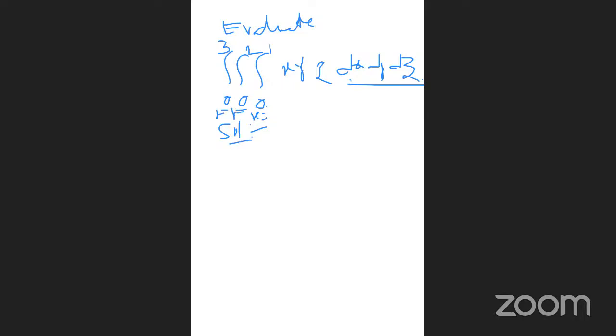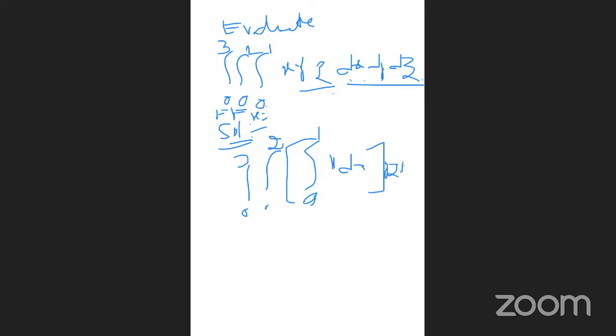Now see the solution. First we are integrating with respect to x. So 0 to 3 is outside and 0 to 2 is also outside, and inside is 0 to 1 of x. Here yz becomes a constant, so we write yz dy dz.